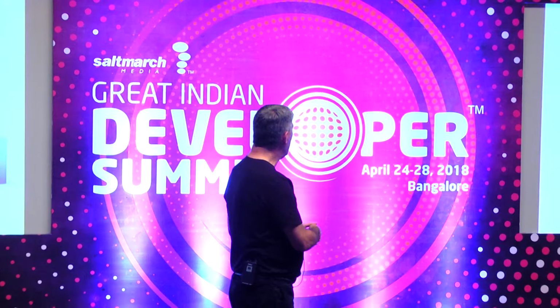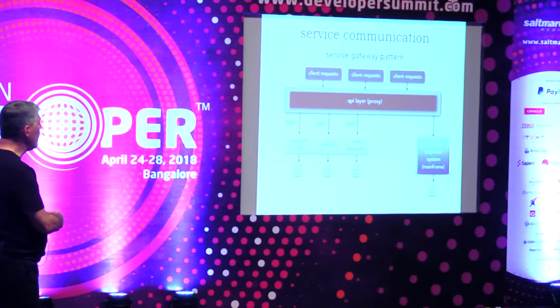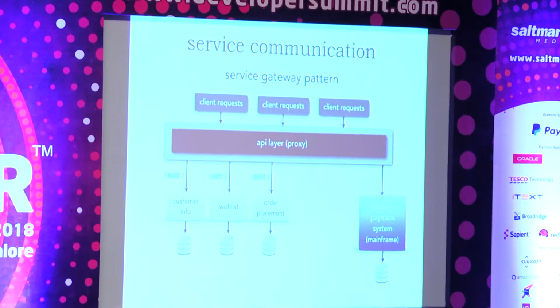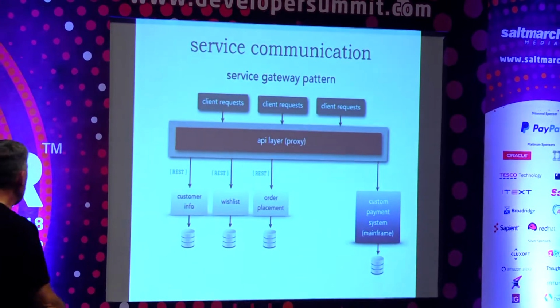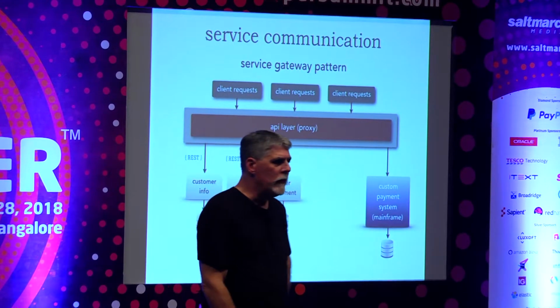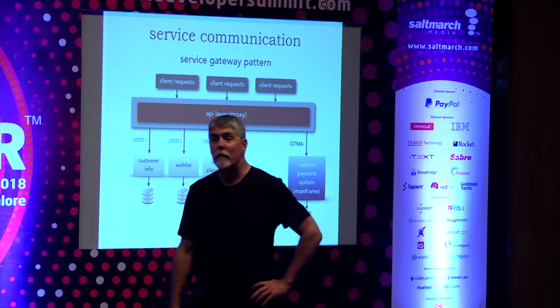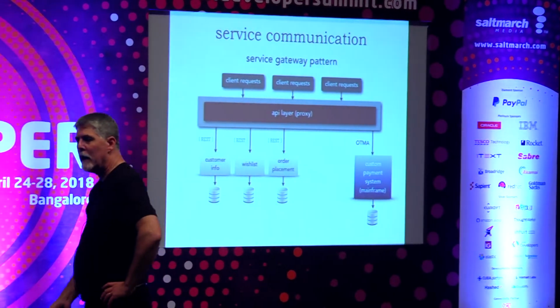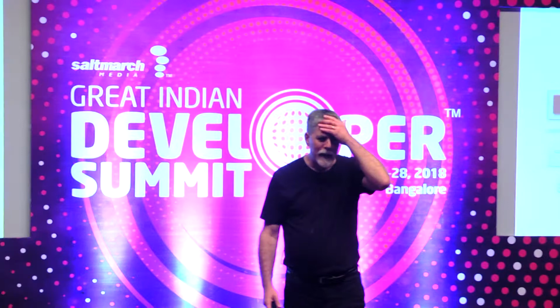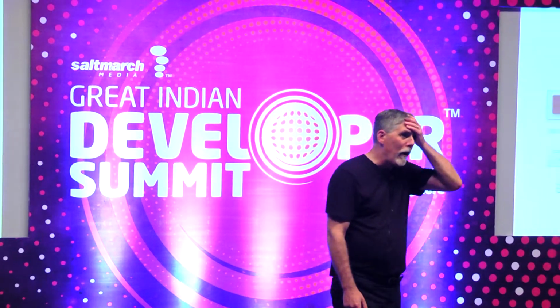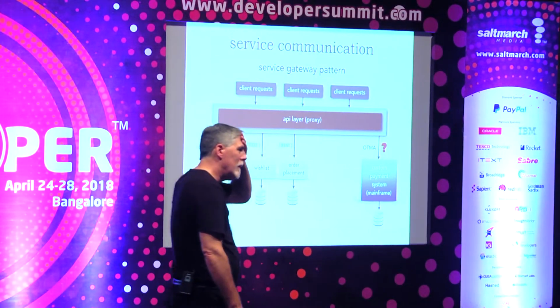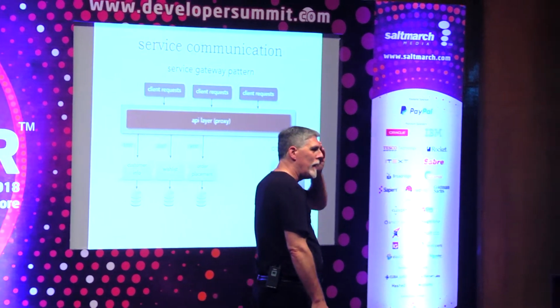So how in the world, if I got a proxy or a gateway that's communicating to all my services with REST, thumbs up there, but I've got a custom payment system in the mainframe that uses old ISAM files, which communicates to the world through the mainframe's native protocol for ISAM, which is OTMA. How in the world do I communicate with that with a protocol-aware system? Well, you got it. You know now.